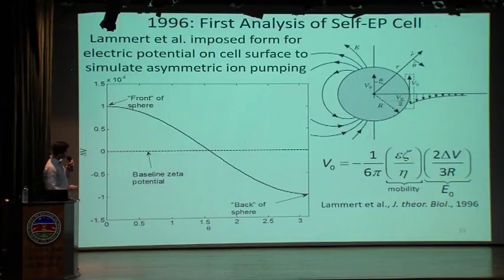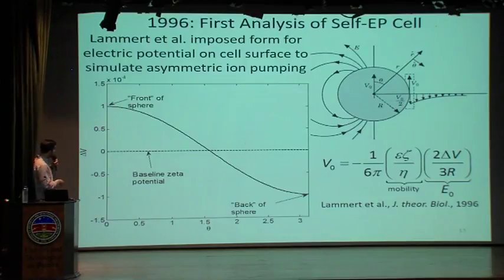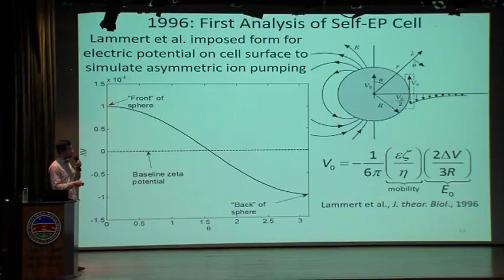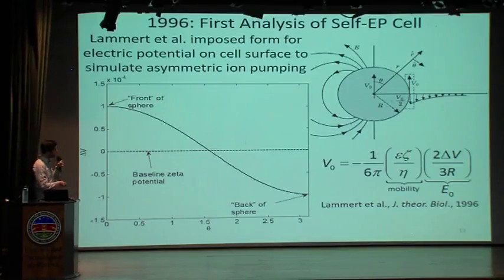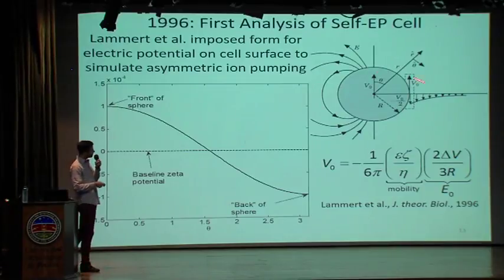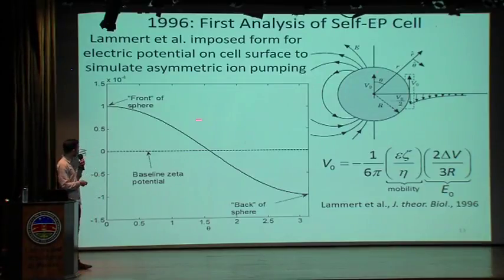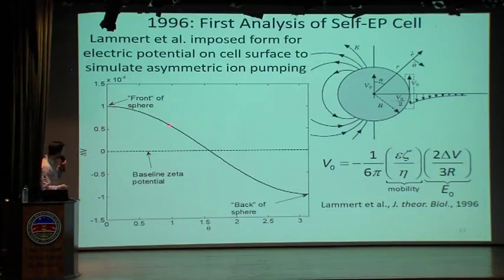The next year, we have a new study, another theoretical study of a spherical cell, and essentially they were just analyzing the case where the surface charge on the cell varies from front to back.